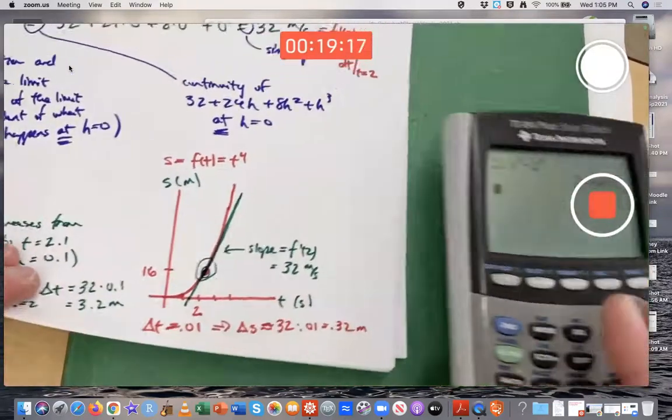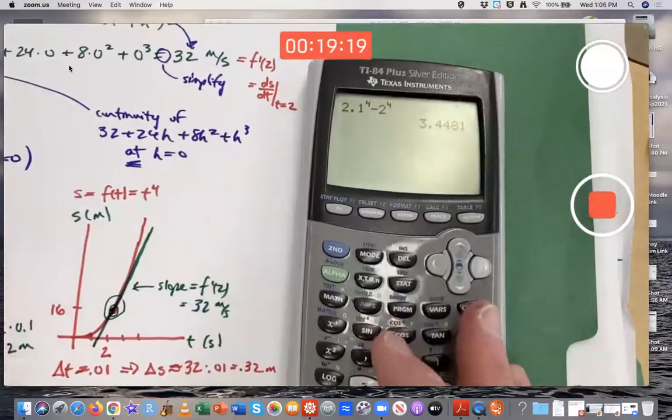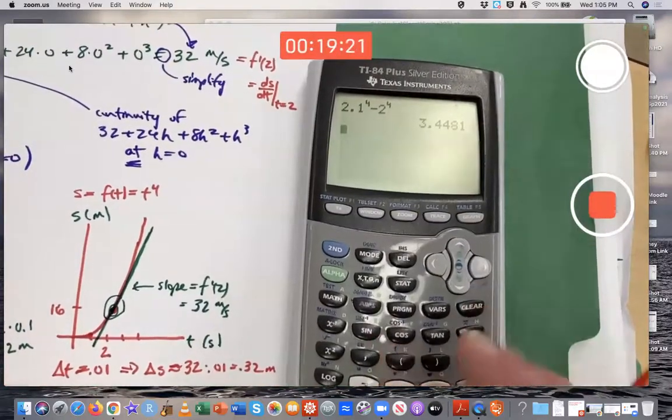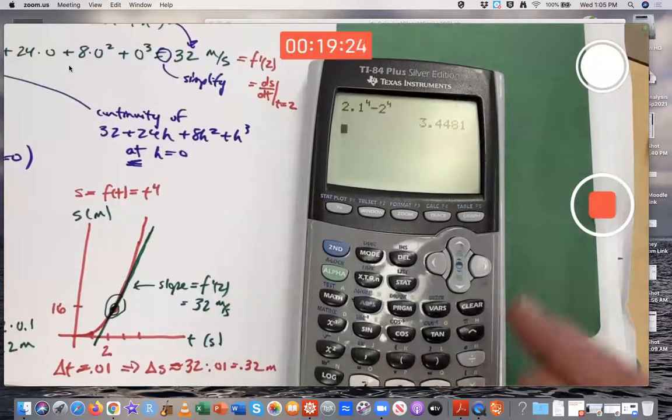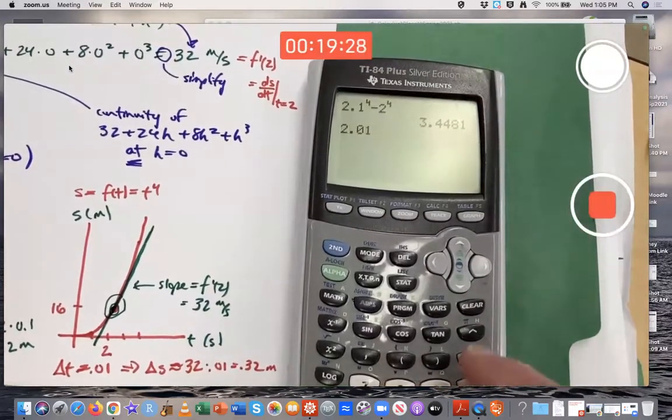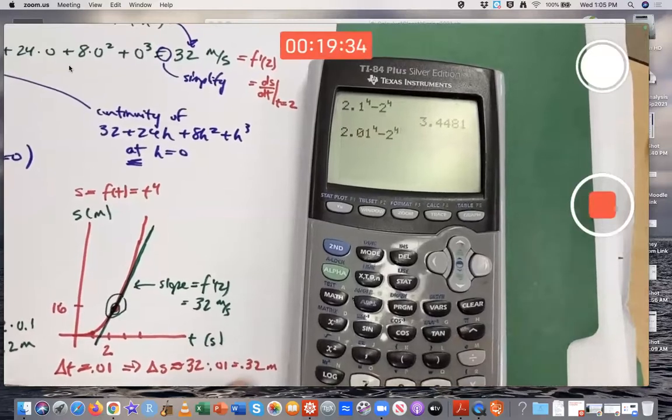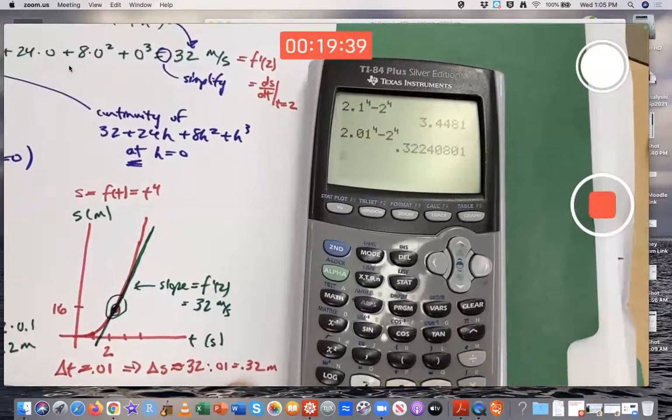Is it exactly right? No, but it should be pretty close. And in fact, on a relative scale, closer than this one was. If I take 2.01 to the fourth and subtract 2 to the fourth, I should get an answer pretty close to 0.32. 0.3224.